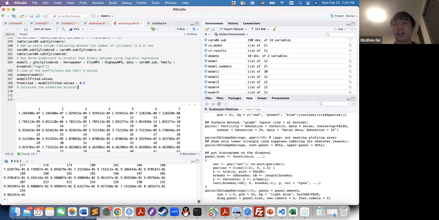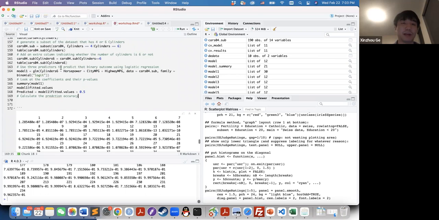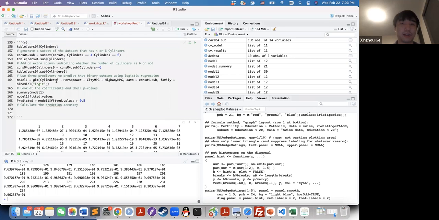I can give you 3 minutes for this task. If you have not finished the previous part, you can still work on it. If you have finished, you can try to calculate the prediction accuracy, and we can see whether you have the same results.